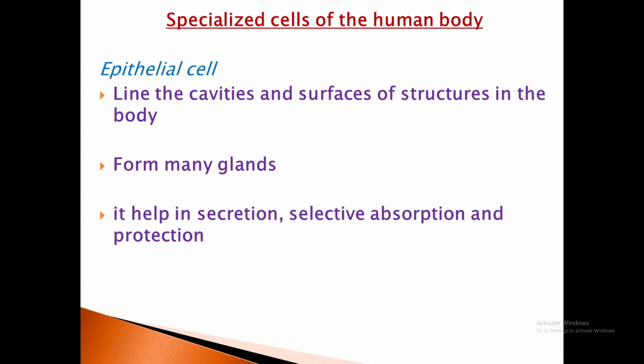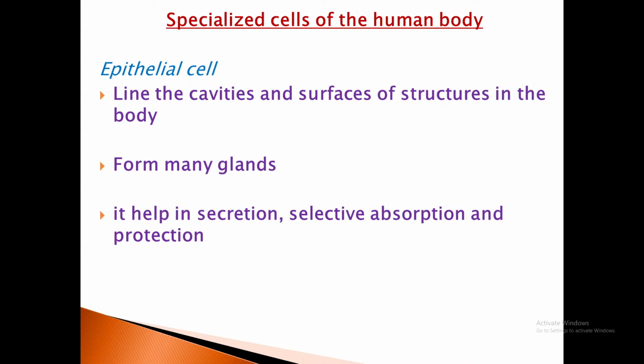Right, so I'm moving on to the next type of specialized cell in the human body. This one is called the epithelial cell, and the first pointer: lines the cavities and surfaces of structures in the body. So the inside part of the different organs inside of your body, that's where the epithelial cell comes into play.